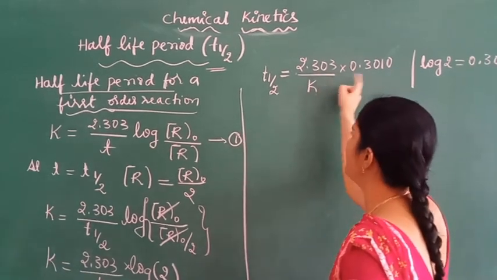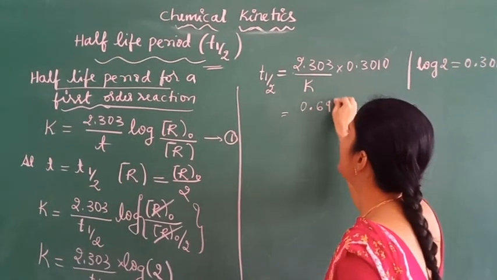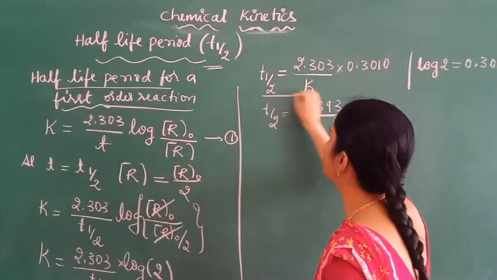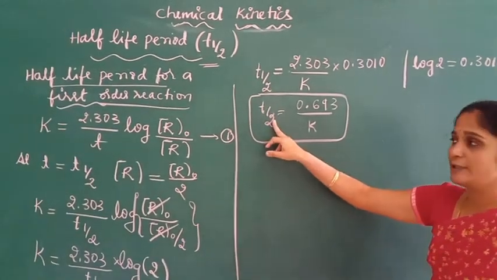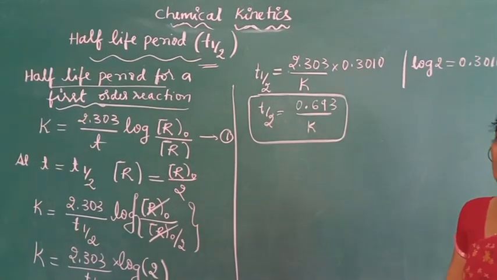On multiplying these two, we get 0.693 by K. So this is the half-life period for a first order reaction: t half equals 0.693 by K.